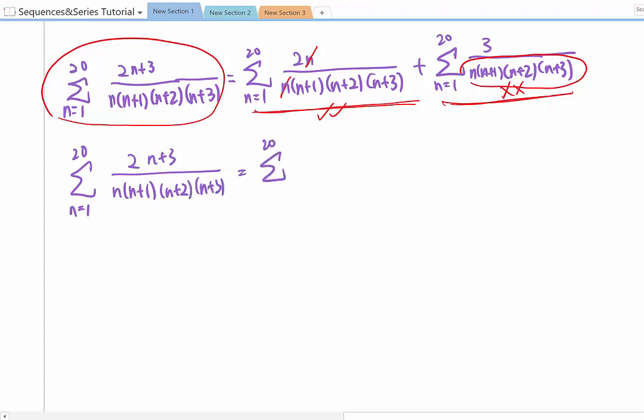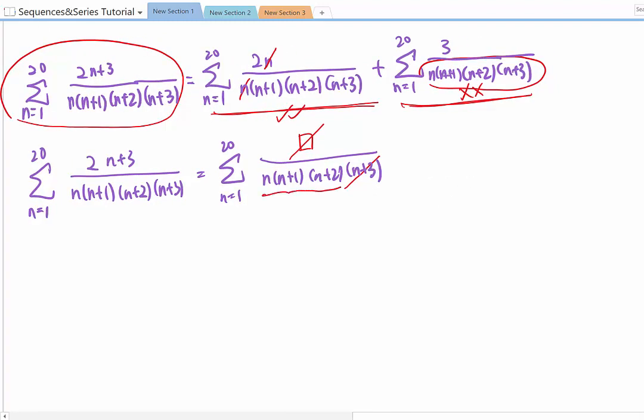I want to write it something like this, whereby my numerator would be able to be cancelled out with the last factor so that I have 3 consecutive factors, and I can also cancel out with the first factor so that again I only have 3 consecutive factors in my denominator.